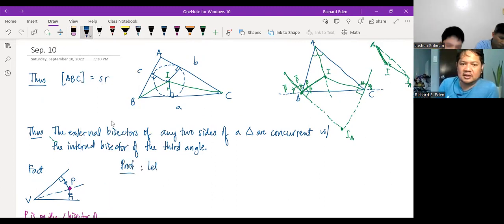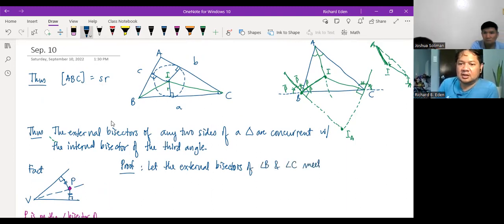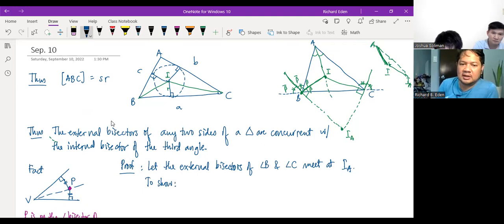okay, let the external bisectors of angle B and angle C meet at the point I sub A. Okay, so we want to show I sub A is on the angle bisector AI.